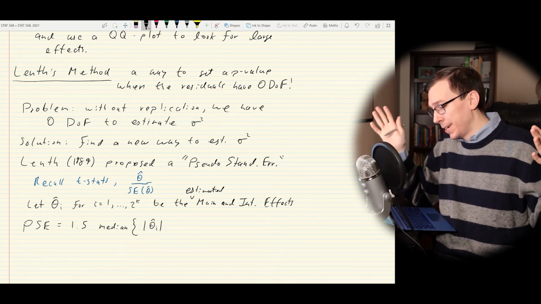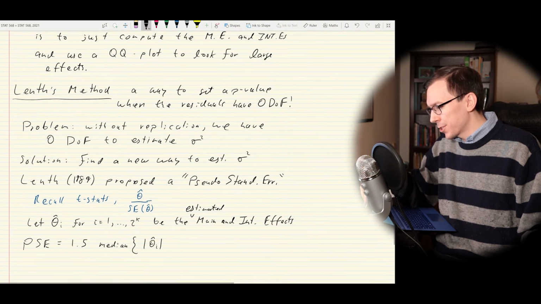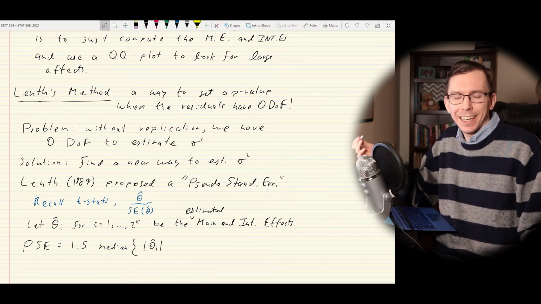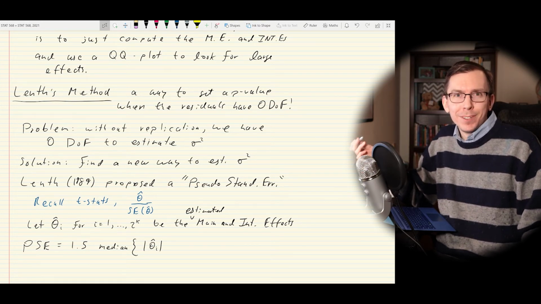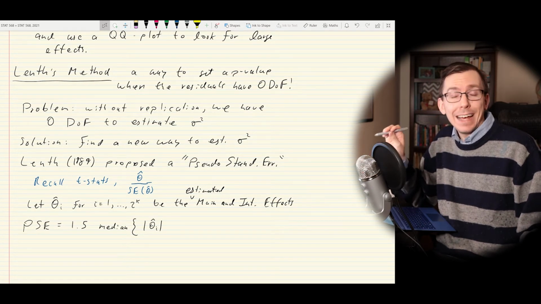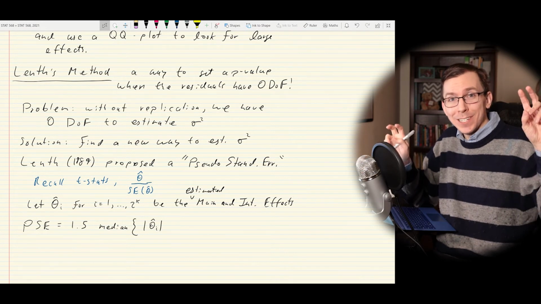So there's a lot of them, right? And like I said up here, that's what we would plug into a QQ plot just to stare at them and say, okay, are any of them large or not? What Lenth's method does is says, let's use these estimated main and interaction effects to get a pseudo standard error.